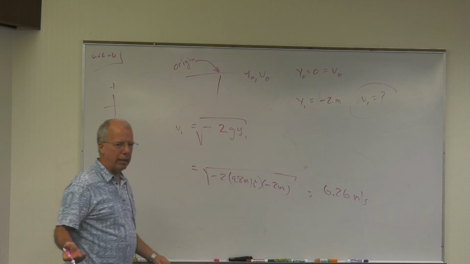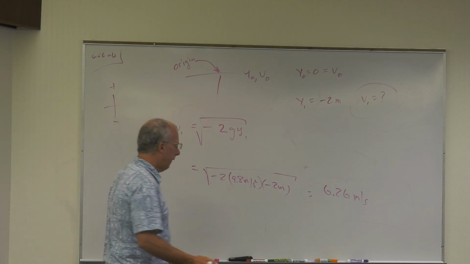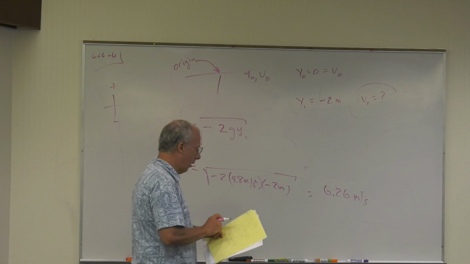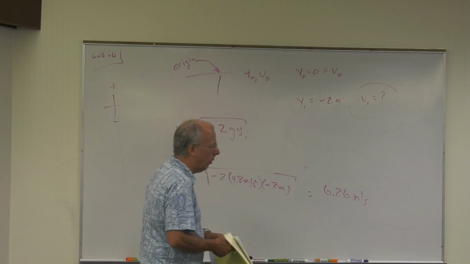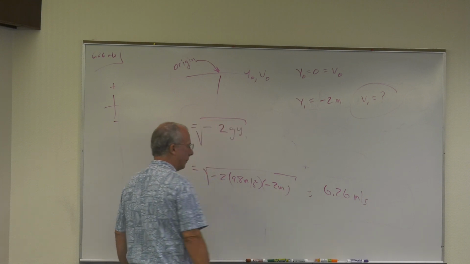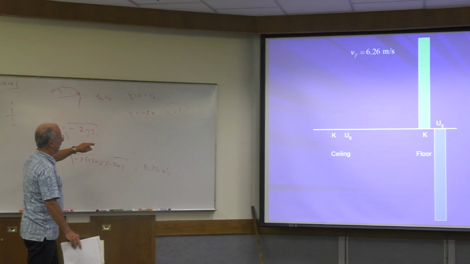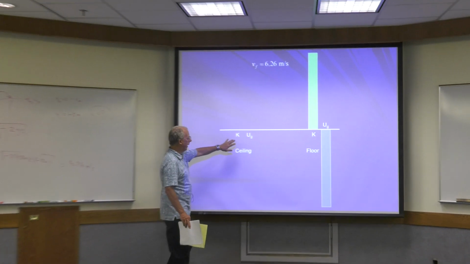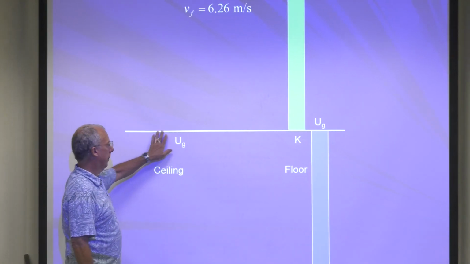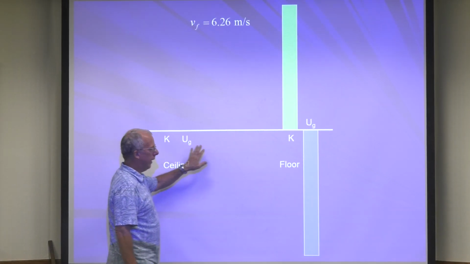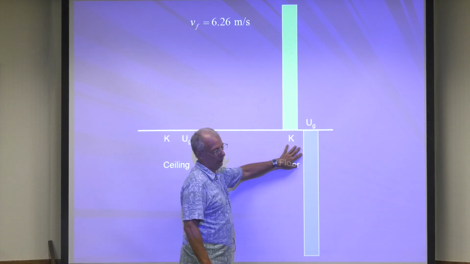Kind of makes sense, right? I mean, should Mother Nature depend on how we set up our coordinate system? Of course not. But look at the energy bar chart now. Initially, we had no potential energy, no kinetic energy, so the mechanical energy was 0. So the mechanical energy at the final has to be 0 as well.